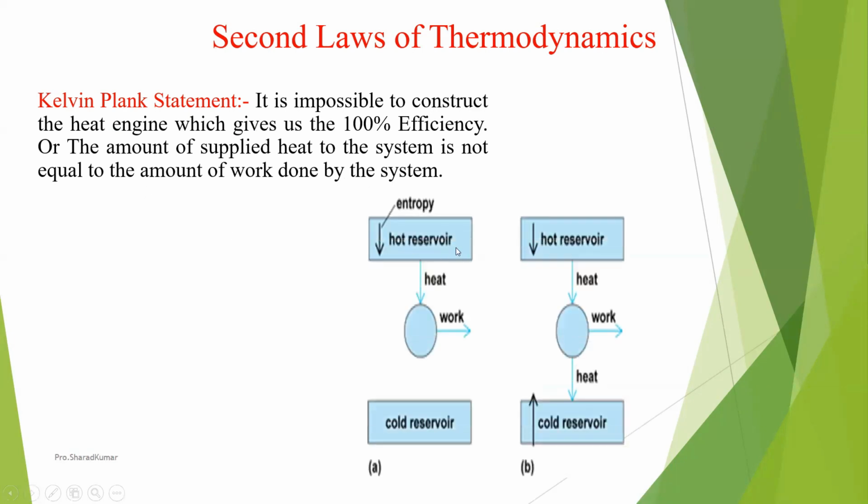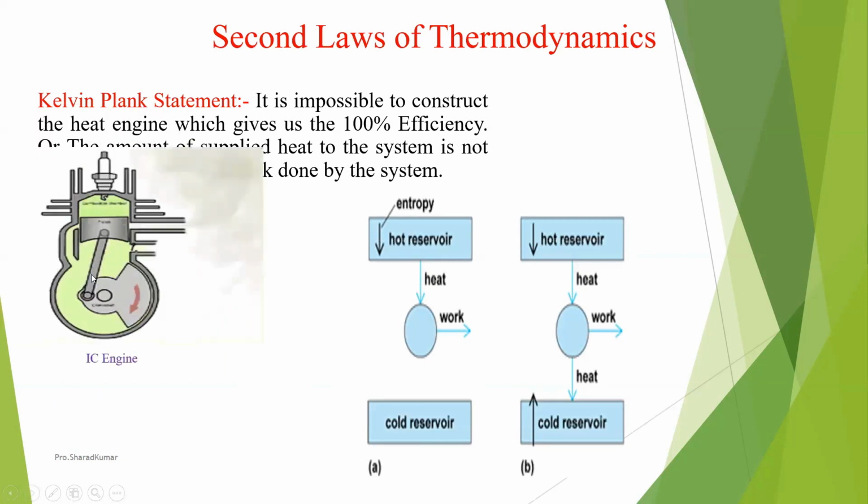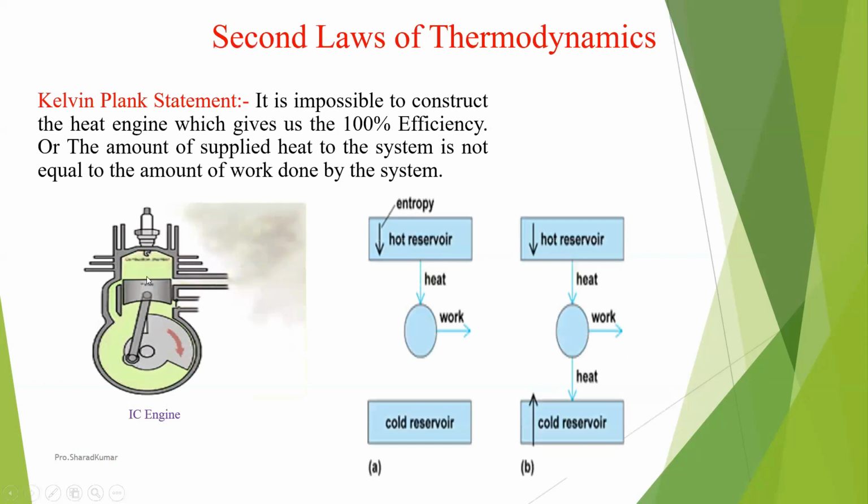If you take the best example, the IC engine, we have thermal energy, that is indicated power, as an input energy to the piston to convert into mechanical energy. Whatever indicated power we have, all of that thermal, heat energy is not going to be converted into mechanical energy in the form of brake power.